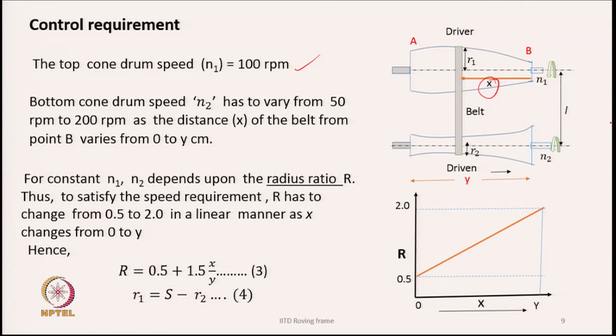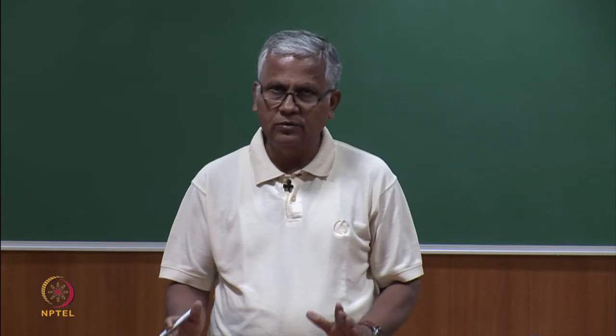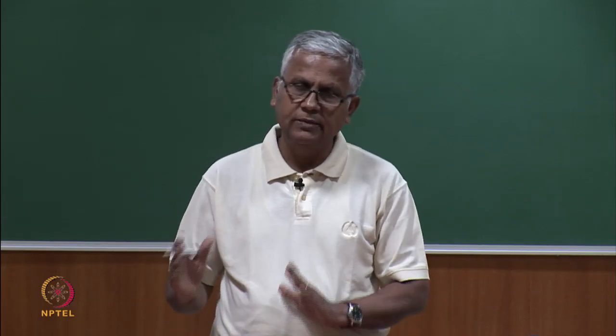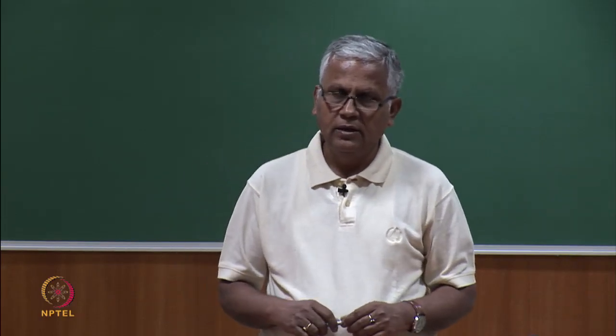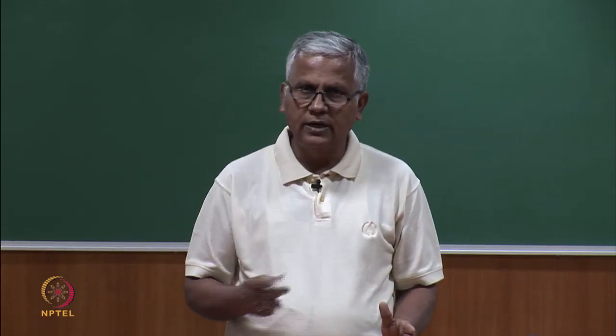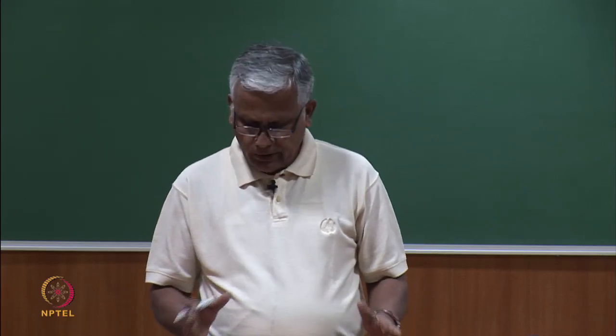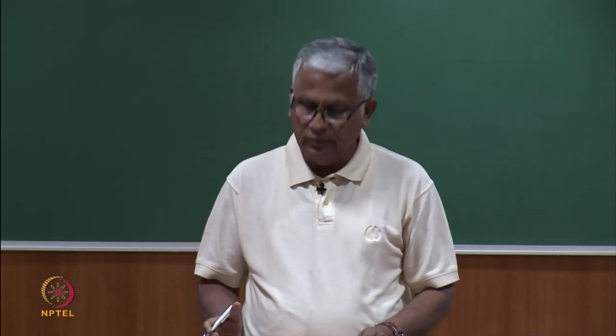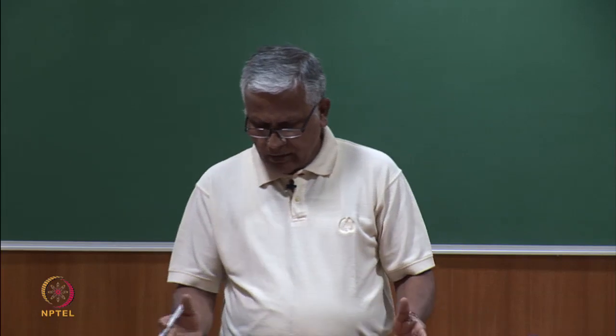X we are measuring from the right hand end, that is from the end B. So, the distance of the belt from the end B is designated as x. The value of x could theoretically be 0 when the belt is on the extreme right hand side, and it could be up to y if it goes to the other end of the cone drum.